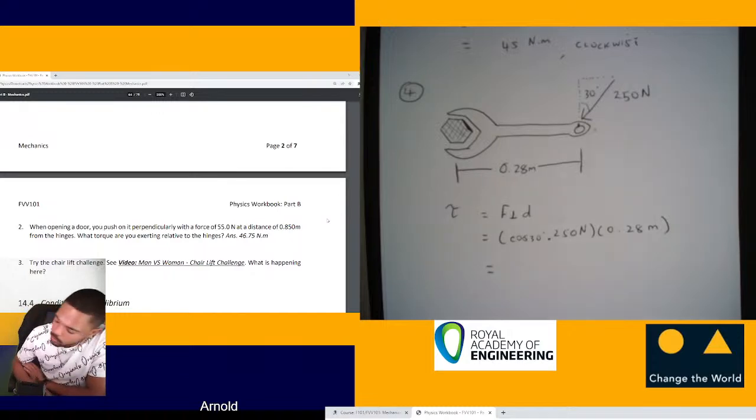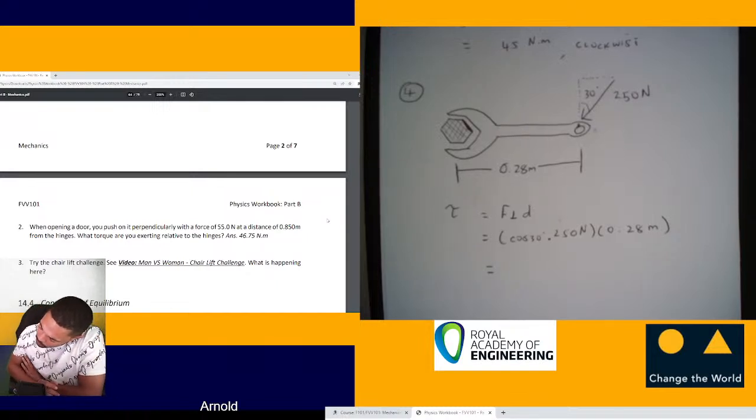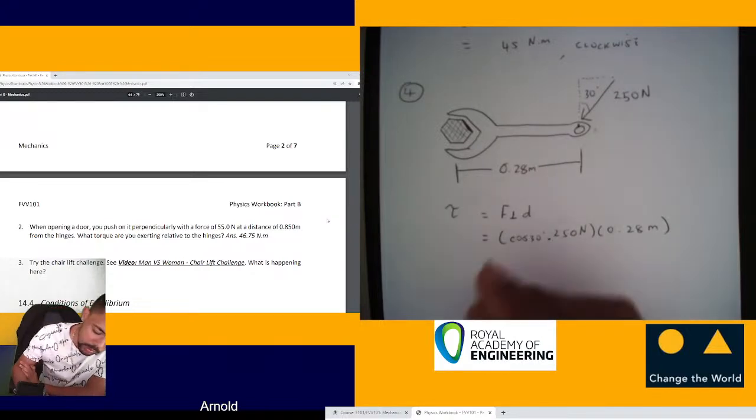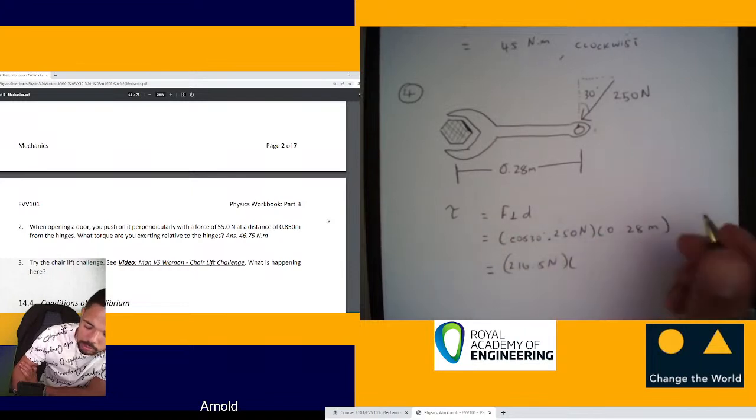Newton meters. Of course, first you can just calculate the perpendicular component of the force. The cos of 30 multiplied by 250 is 216.5 newtons. That's the perpendicular component of the force multiplied by the distance.